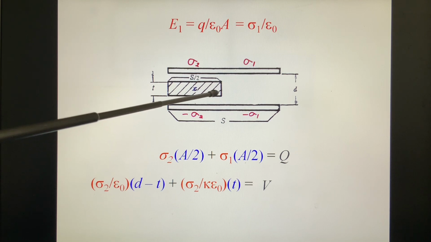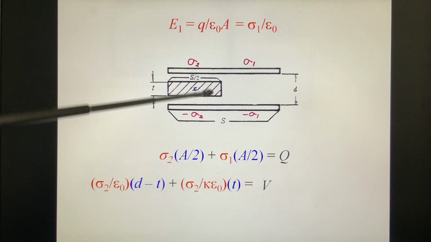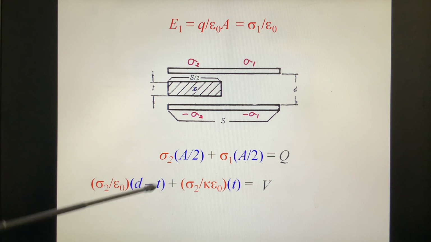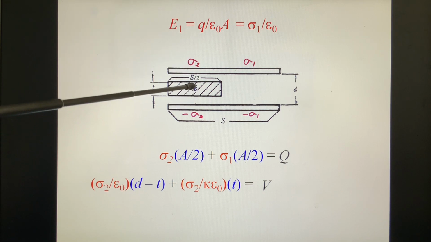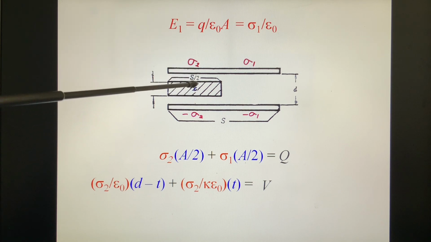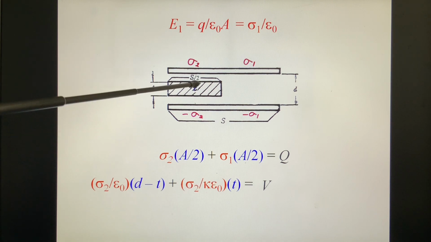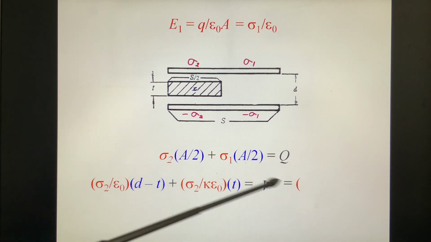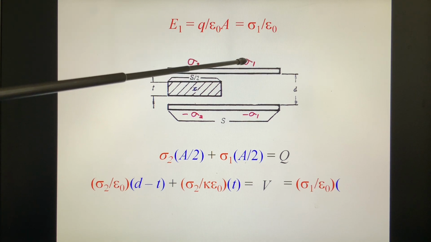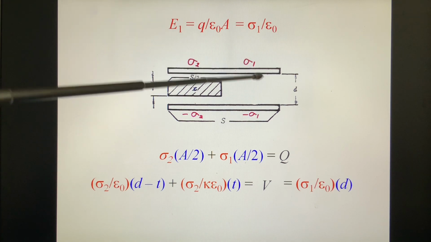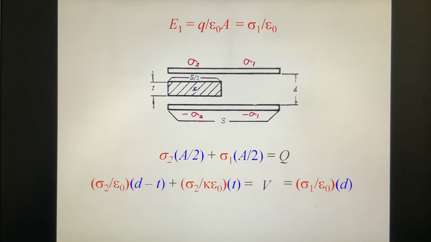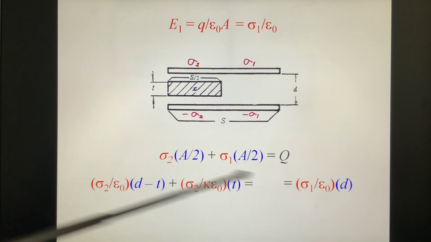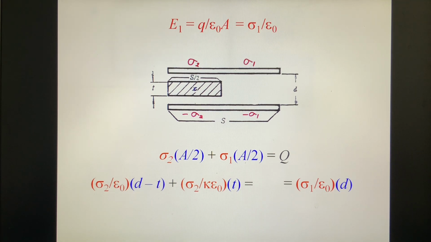E2 here in the vacuum has length D minus T, plus sigma 2 over kappa epsilon 0, which is E inside times T, equal to the V. This is on the left side. On the right side, it's simple: epsilon of E1 times T. Then we take V out. They are equal, so finally we get two equations.